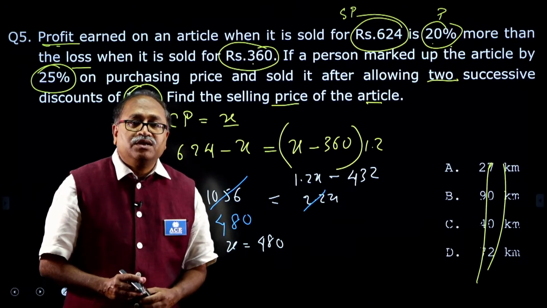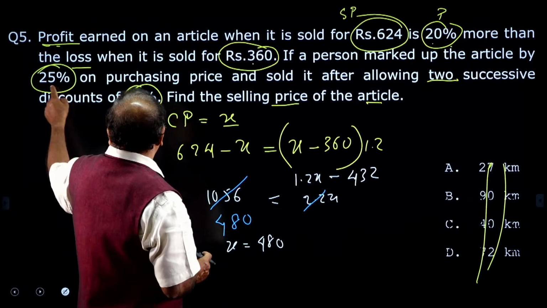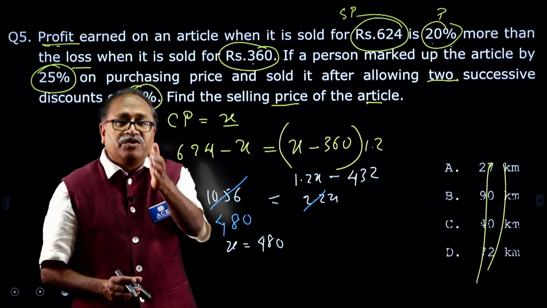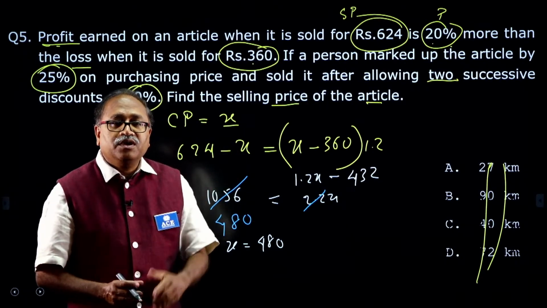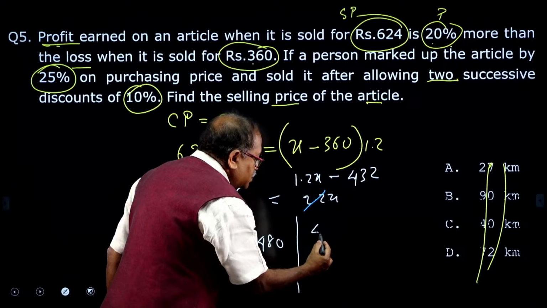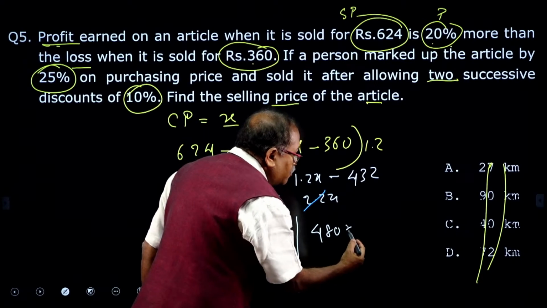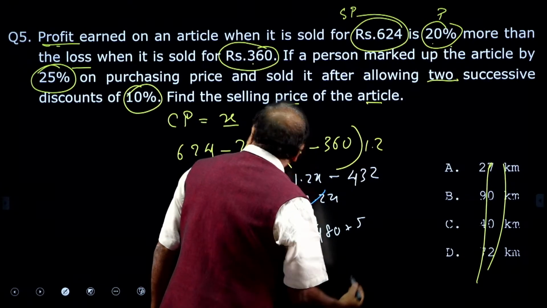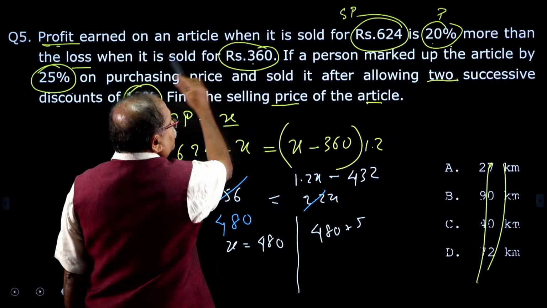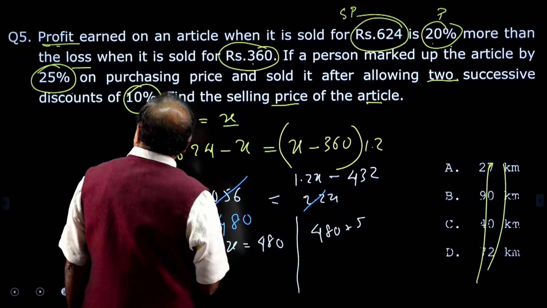Now, what next I need to do? So, increase it by 25%, that means increase it by 1/4, it will become 5 by 4. Let us complete the final calculation, that is 480 into 5 by 4, marked up by 25%.